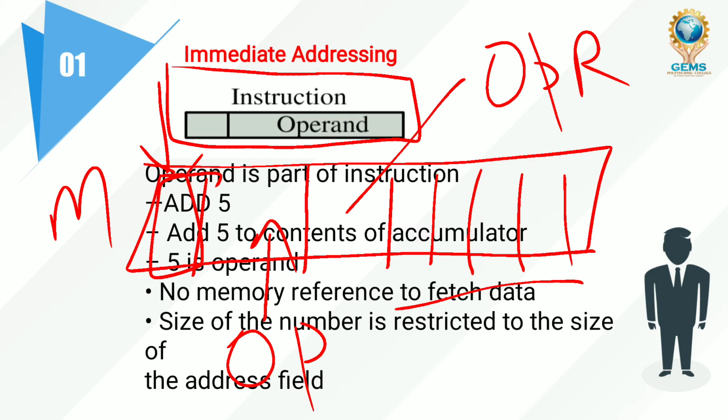So here what you are observing: one is the mode M, and second the opcode and operand, and the address field. This is the structure of the instruction register, and based on this instruction register, the operations are going to be performed. As I said in the definition, it will interpret or modify the address.